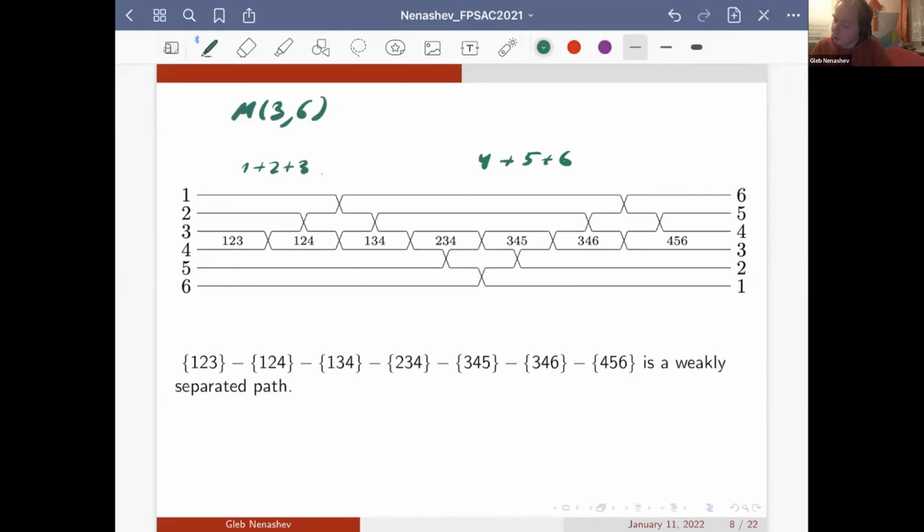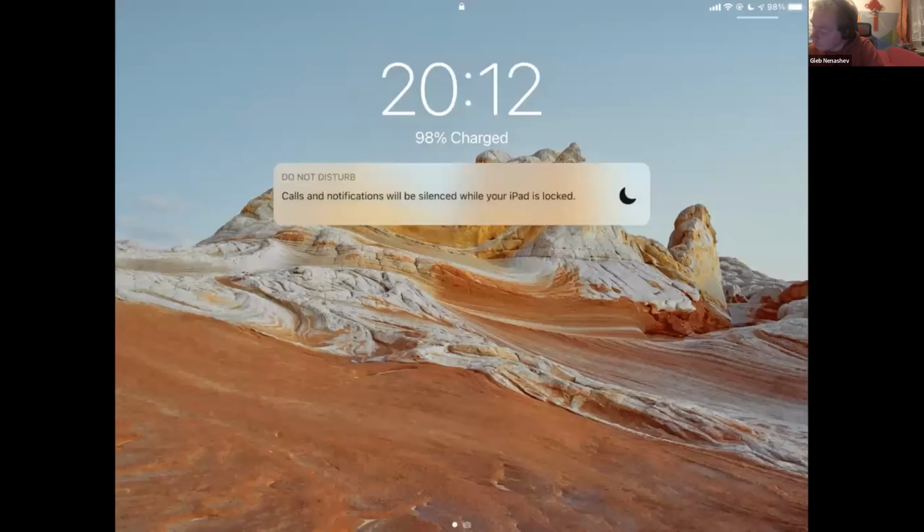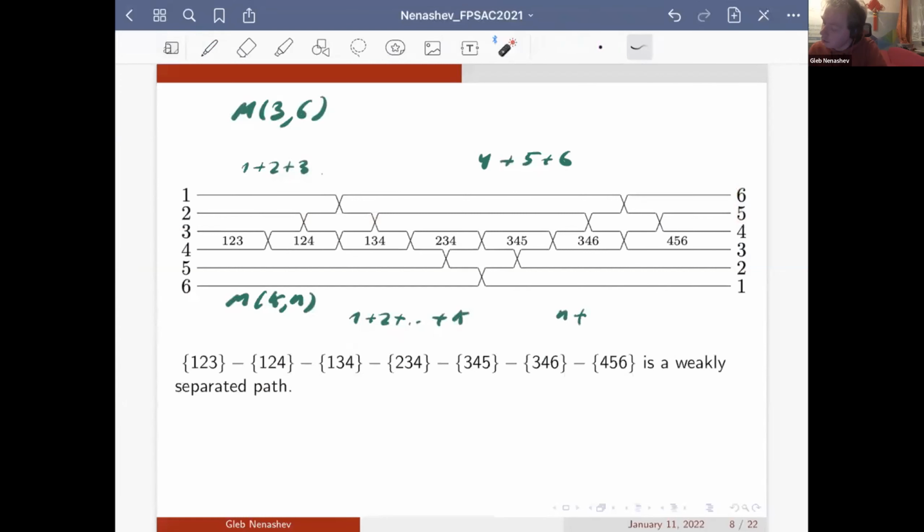And in general, for M_k,n, the sum of these indexes is 1 plus 2 plus ... plus k. And for these indexes, we need to consider the maximal k wires, and it will be n minus k plus 1 and so on. And after each crossing on level k, the sum of the first k wires, of the top k wires, increases at least by 1.